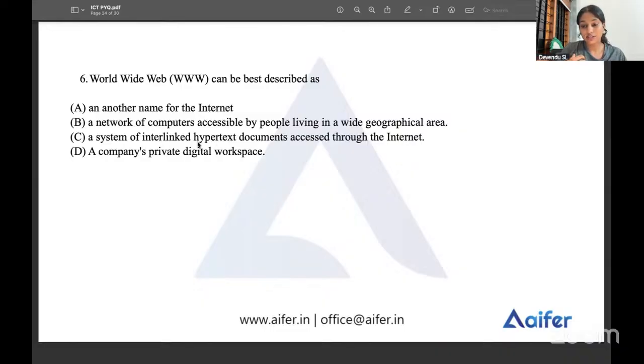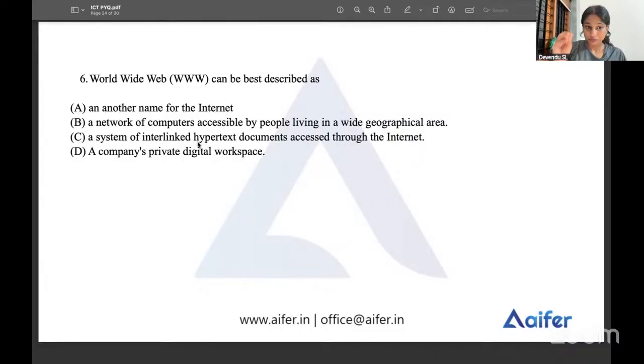The World Wide Web is a service we get from the internet, right? So it is not another name for the internet. A network of computers accessible by people living in a wide geographical area? No. Here the answer is option C, a system of interlinked hypertext documents accessed through the internet.